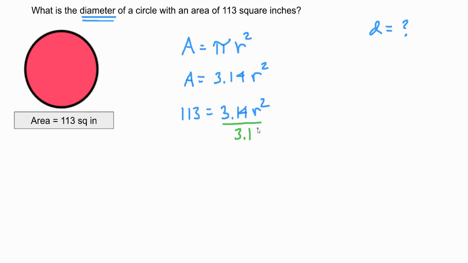So we divide both sides by pi, or in this case, 3.14. That's going to leave us with r squared on the right, and 113 divided by 3.14 on the left, which is 35.99.